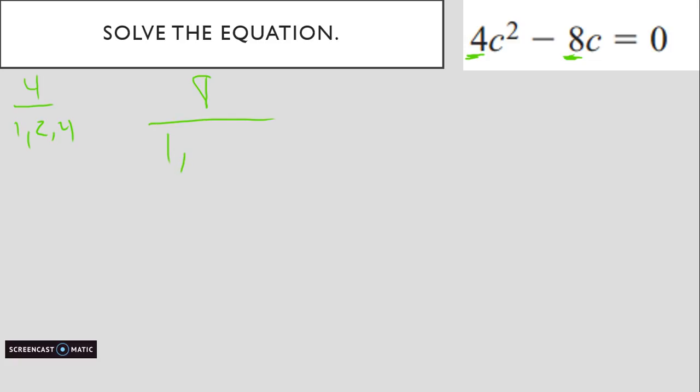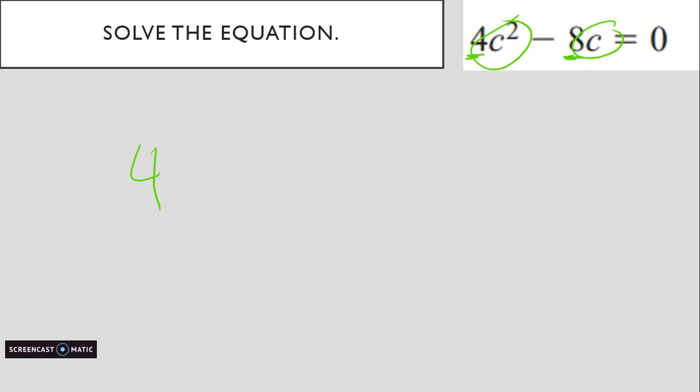Factors of 8: 1, 2, 4, and 8. There it is. So obviously the biggest one in both lists is 4. You probably didn't need to list out all the factors there, but it's a good last case scenario if you needed it. So we're going to pull out a 4, and then we're going to check to see if we can pull out any variables.